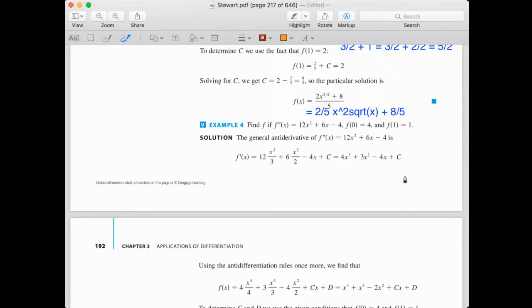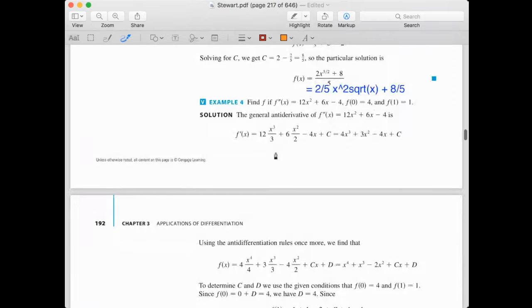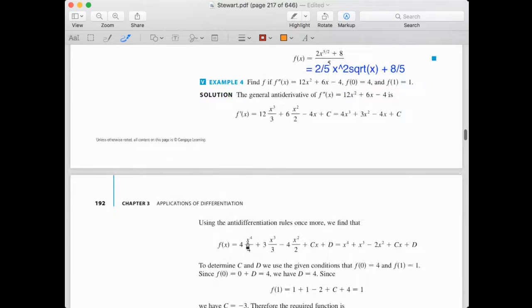Now from the first derivative, again we apply the antiderivative power rule. So we take these terms, leave the scalar on the side. We add 1 to the exponent 3, get 4, then we divide by 4. So we get x raised to 4 divided by 4. Leave 3 on the side, we have the exponent 2, add 1 to 2, get 3, then divided by 3. So we get 3 times x cubed divided by 3.